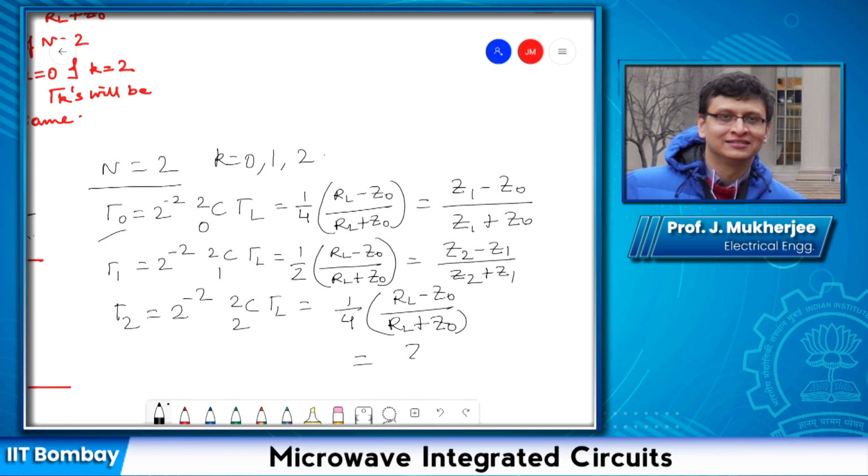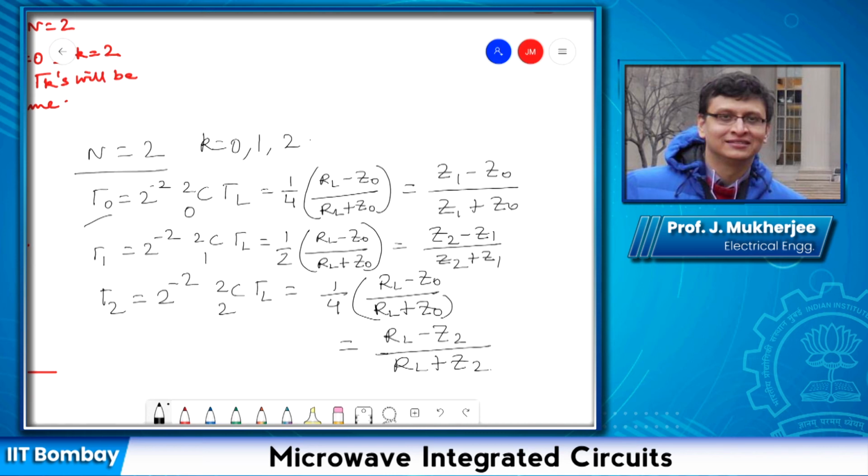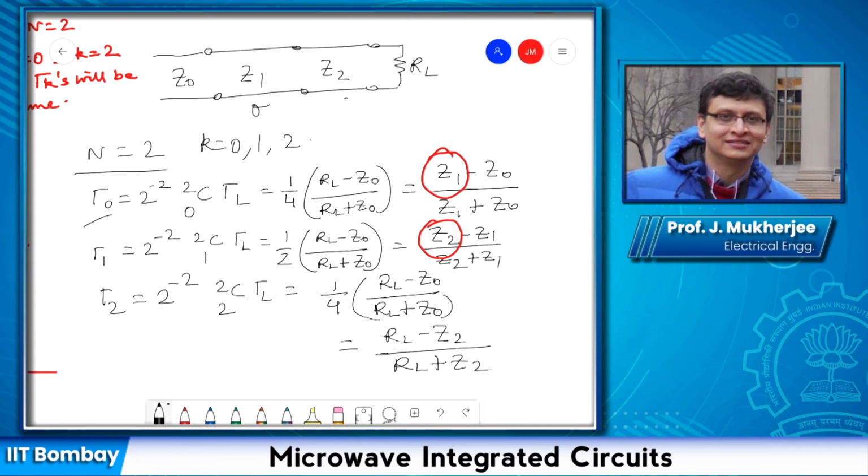This is equal to (RL minus Z2) upon (RL plus Z2). So now the unknowns are actually Z1 and Z2, isn't it? So for n equal to 2, our transformer will look something like this. These are the unknowns.